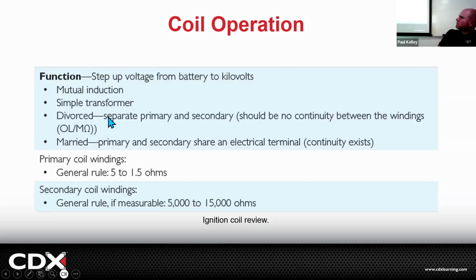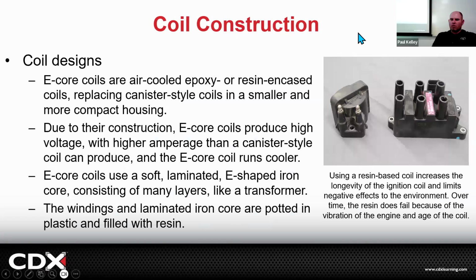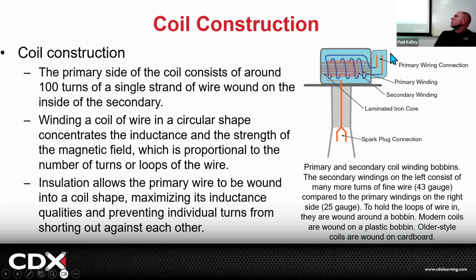Right, and then sometimes there's a simple transformer. Divorced means they're separate, like in two pieces. Married means that they actually have continuity. Part of the reason that's important is when you go to test a coil, it would be nice to just measure the primary windings. Like if you thought the primary windings were good, you could measure blue to blue and check the resistance. But sometimes they're divorced and sometimes they're together, and there might be continuity and there might not be.